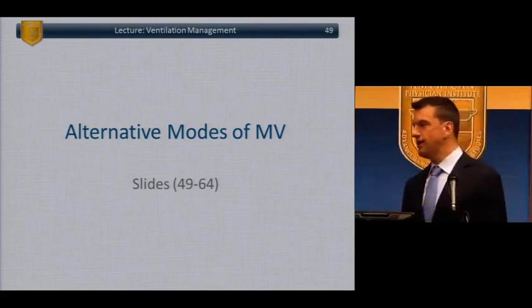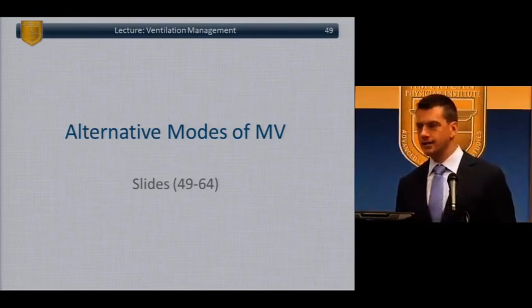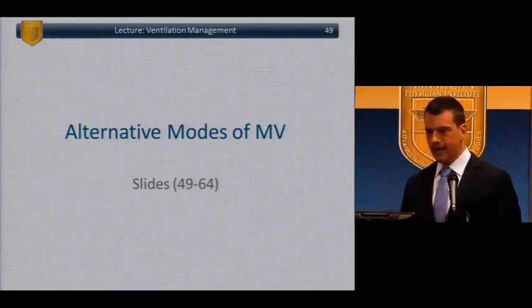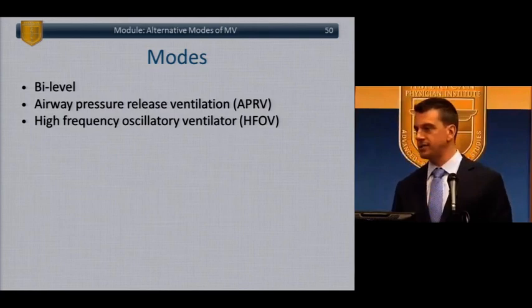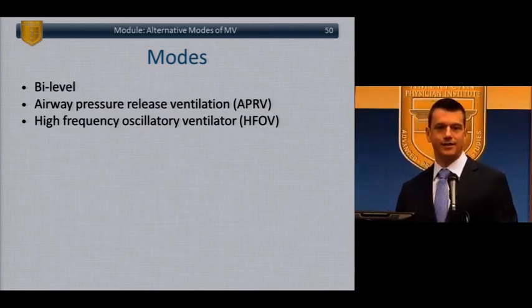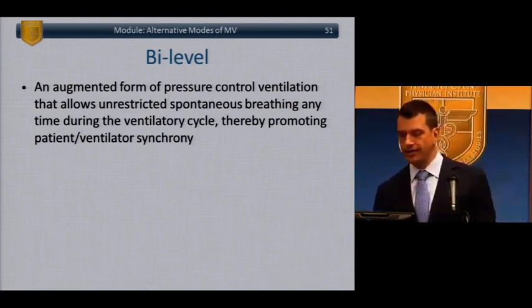So these are alternative and newer modes of ventilation. And the buzzword here is open lung strategy of ventilation. Basically, you have bi-level, airway pressure release ventilation, which is just an exaggerated bi-level, and then the high-frequency oscillators for ventilation. Bi-level is an augmented form of pressure control ventilation.